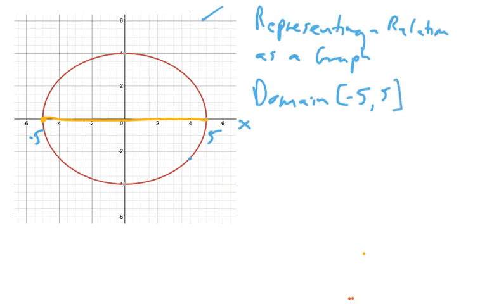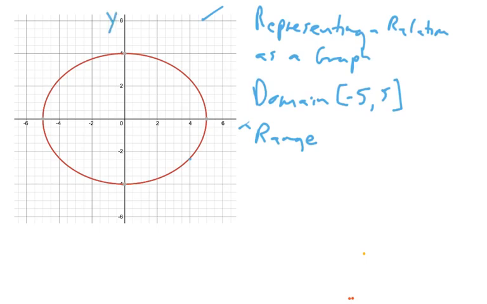The domain is the set of values of x, the values of the first coordinate. What about the range? Well, the range has to do with the second coordinate, and when you're looking at a graph, the second coordinates are plotted along the y-axis.